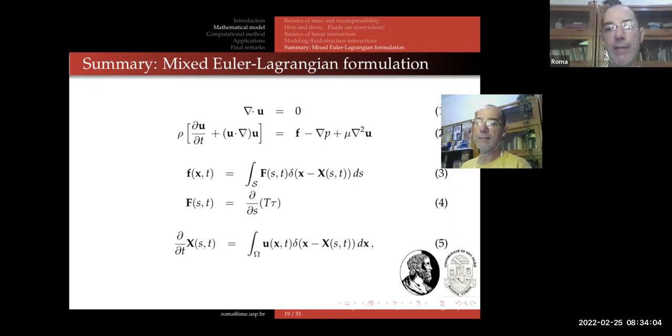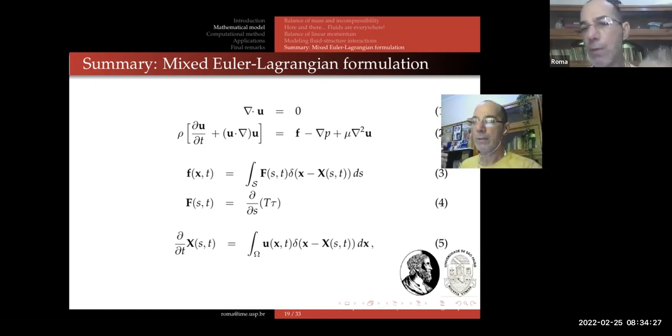So since it doesn't have any mass, it's an imagination, it's a mathematical model, right? And it can be seen as a pure force generator, right? And it would be here playing the role of an external force, right?